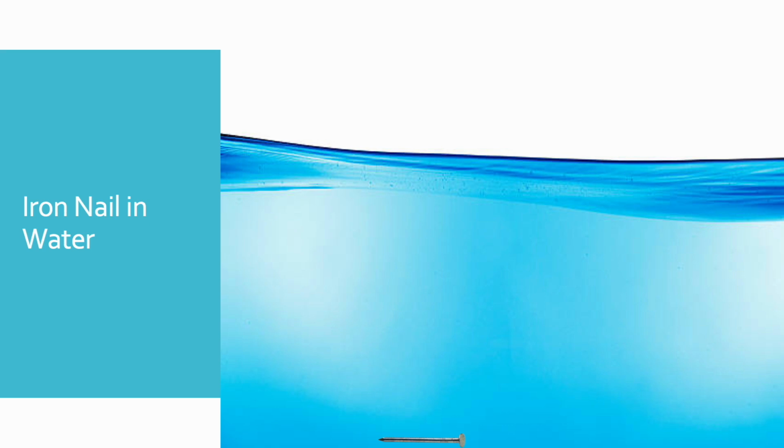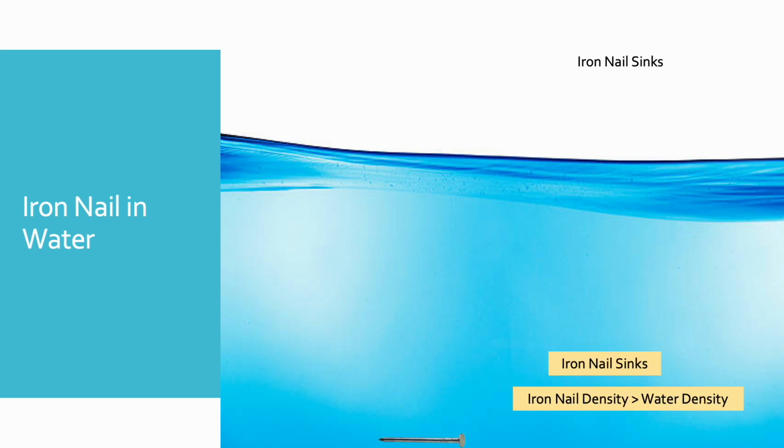That means the iron nail is heavier for its size compared to water, so it sinks. So even though the iron nail is small, the matter inside it is tightly packed, making it dense. Because it's more dense than water, it doesn't float. It goes straight down.